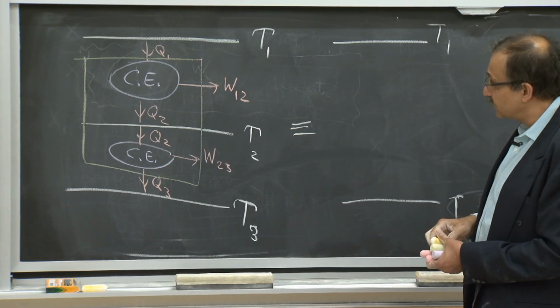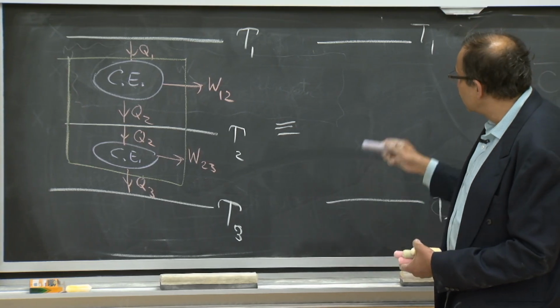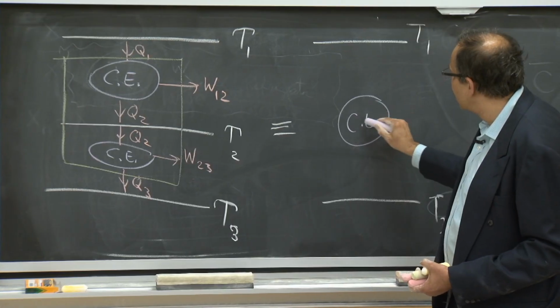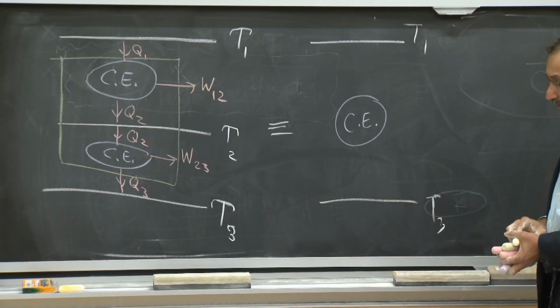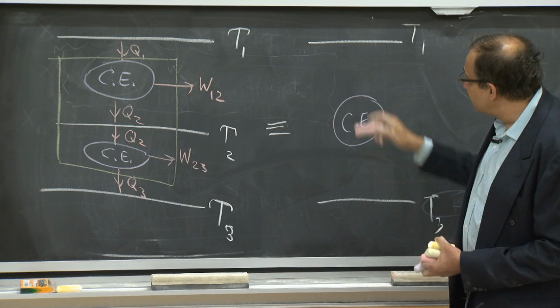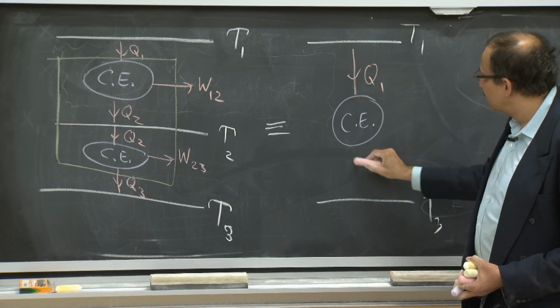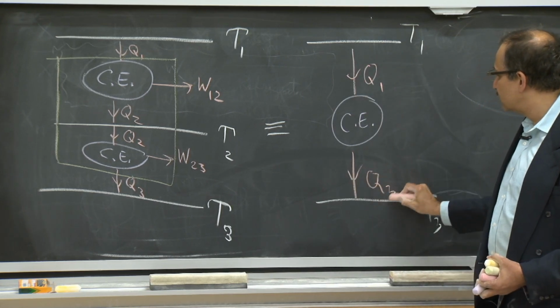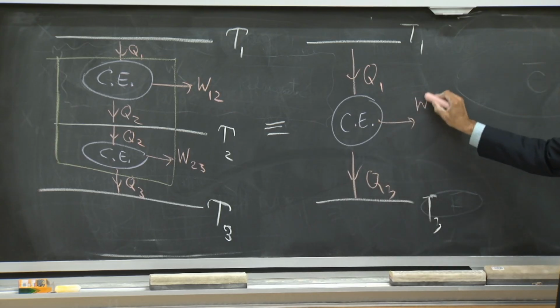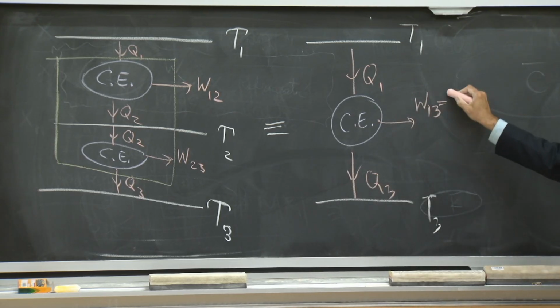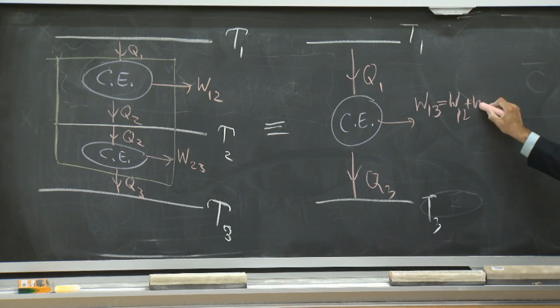So the whole thing is really equivalent to another Carnot engine that takes Q1, deposits Q3, does a certain amount of work W13, which is the sum of W12 plus W23. Okay?